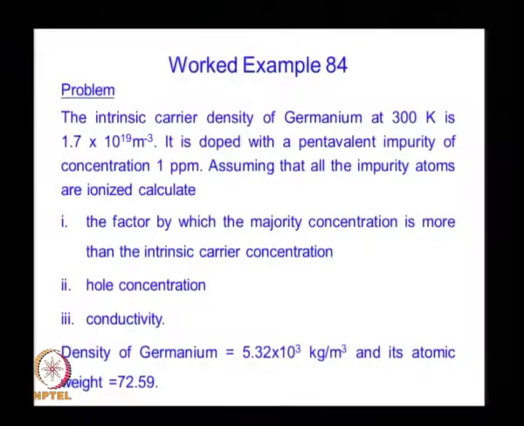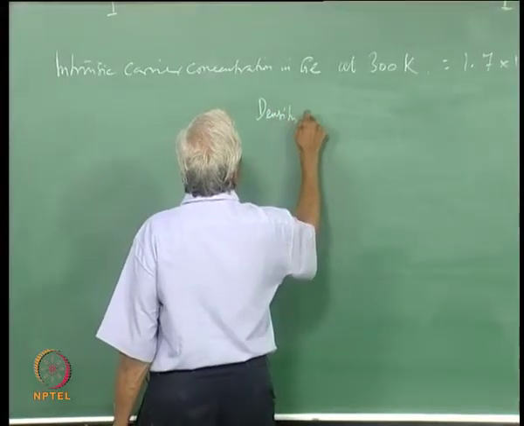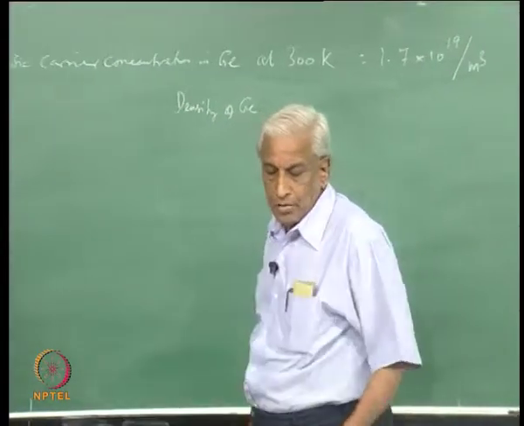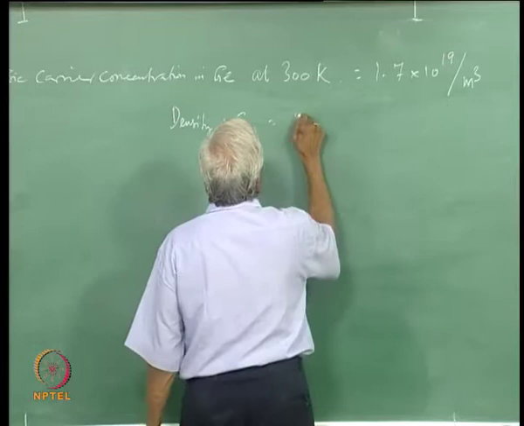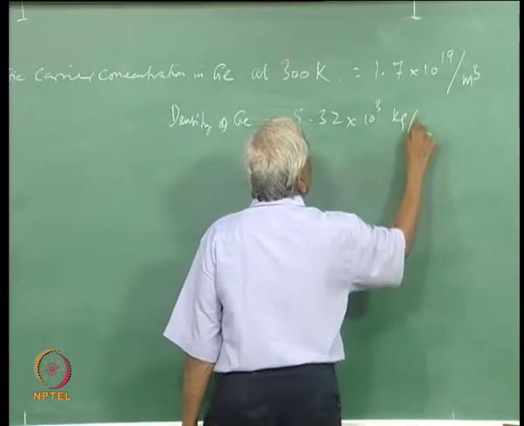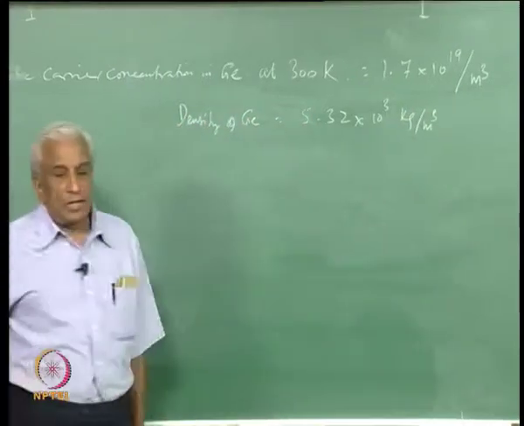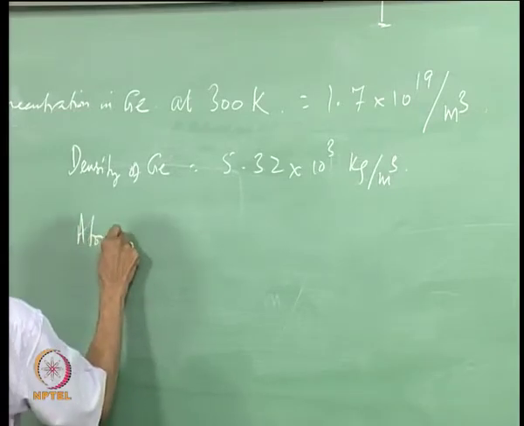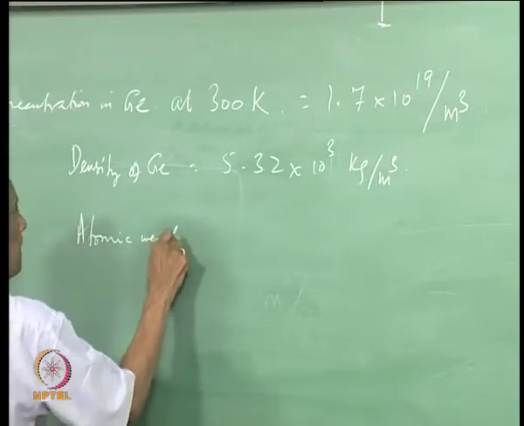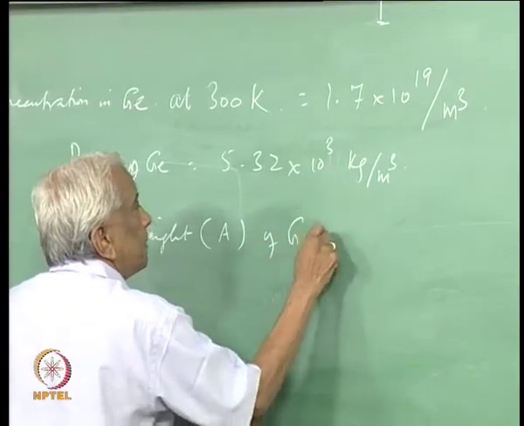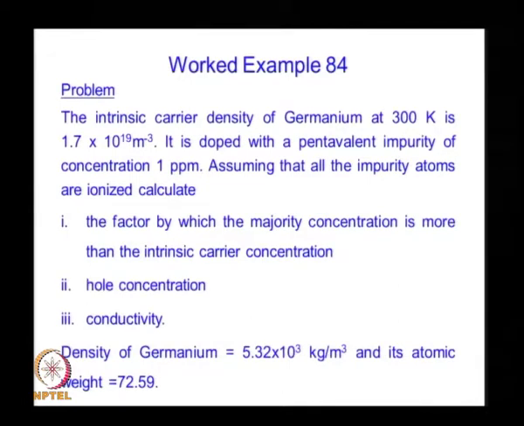We are also given the bulk density of germanium as 5.32 into 10 to the power 3 kilograms per meter cube, and the atomic weight of germanium is given as 72.59.